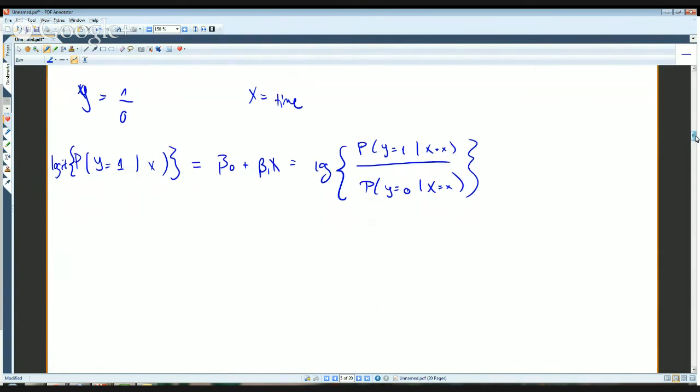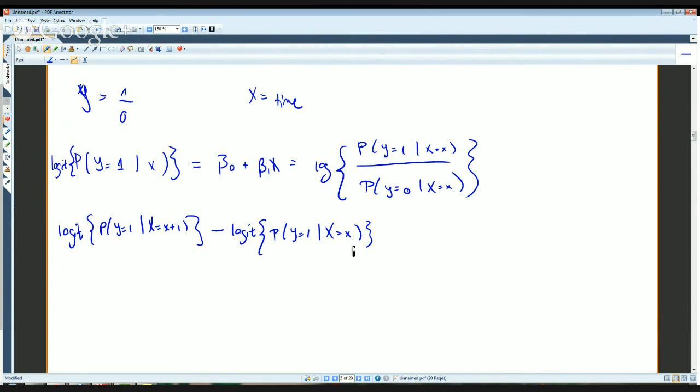So let's compare now the logit of the probability y equals 1 given x equals little x plus 1 minus the logit of the probability y equals 1 given x equals little x. So what is this?